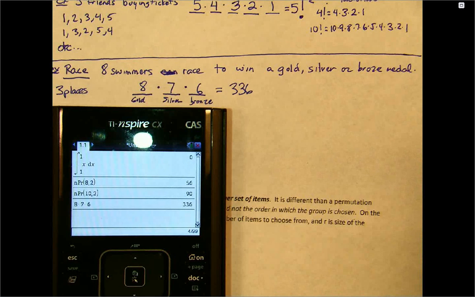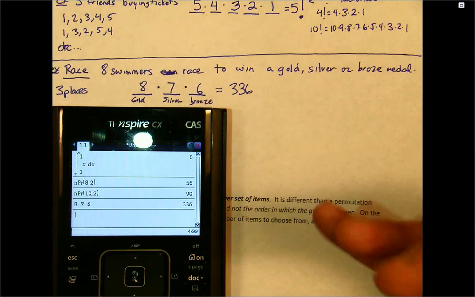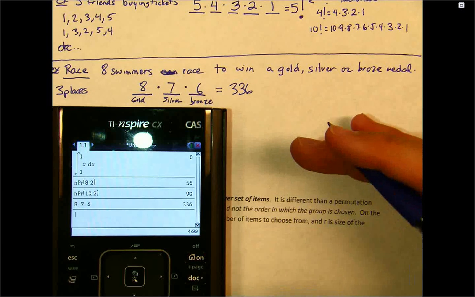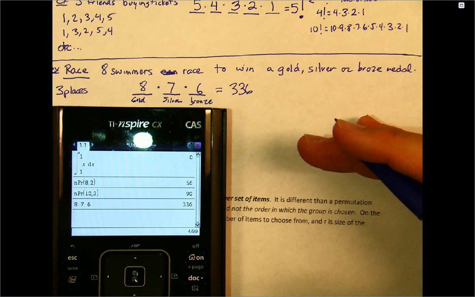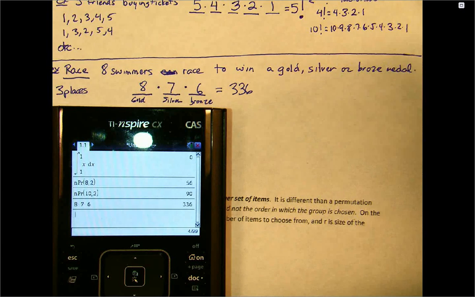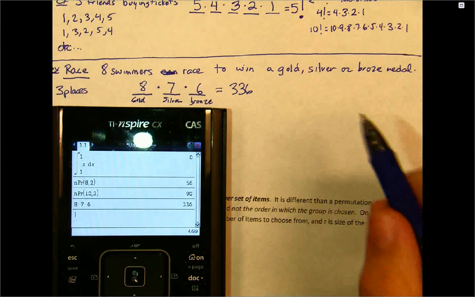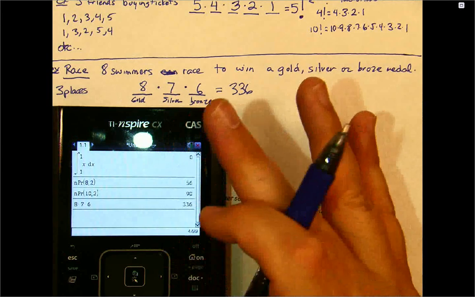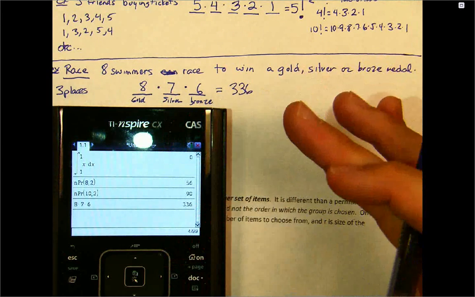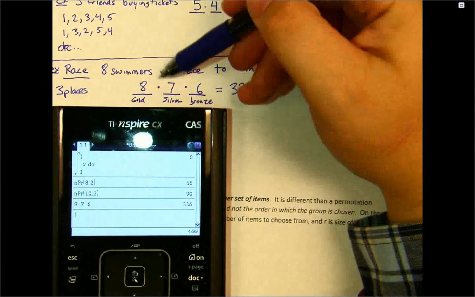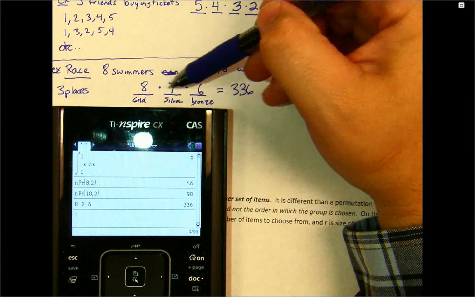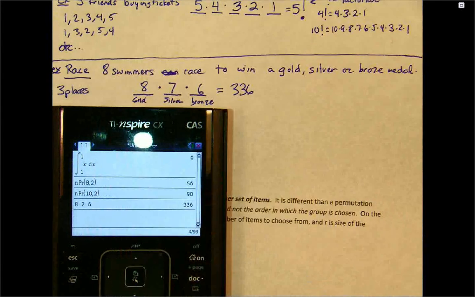Now, this is a permutation. And by definition, it's a permutation. Using your calculator, you can actually skip this part where you draw the 8, the 7, and the 6, because sometimes it gets a little bit complicated with bigger numbers.